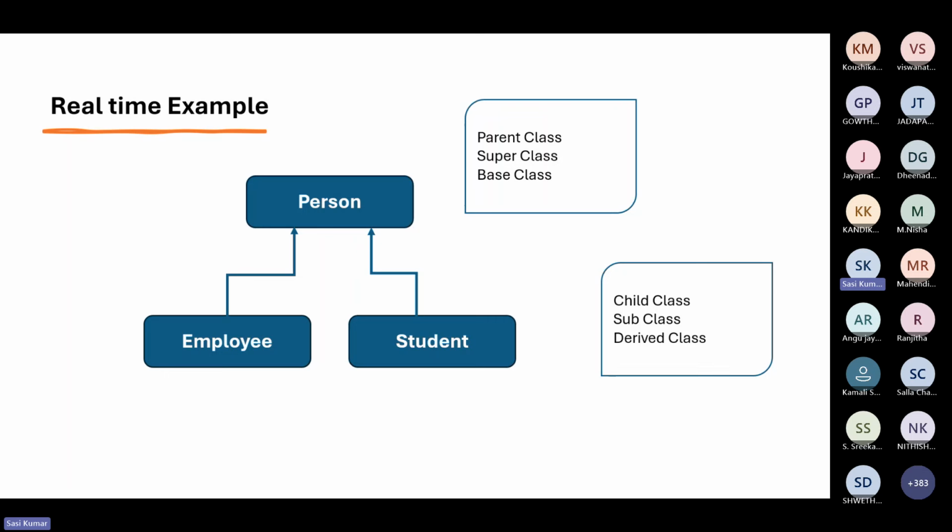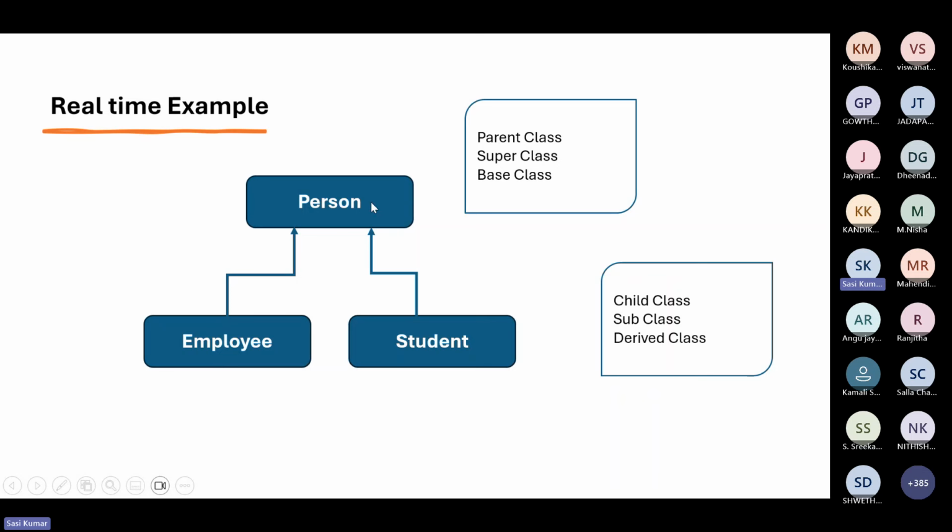So here student and employee classes are called child classes. In the upper part it is showing as parent class, and in the lower part it is child class. Super class means here it is subclass, base class or derived class. If you say child class or subclass or derived class, all are pointing to the employee or student class.